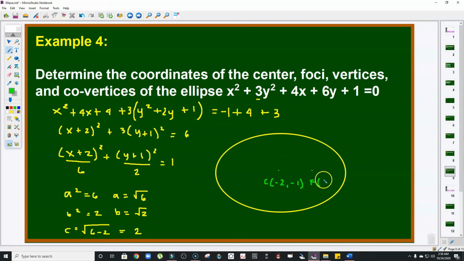Alright, negative 2 plus 2, 0, negative 1. Again, kay x ako nag-add because horizontal. Alright, so that's 2 units. See that? There you go. Now, for this one, so negative 2 minus 2, so that is negative 4, negative 1. See that? Done. I have the center, I have the foci, vertices naman.